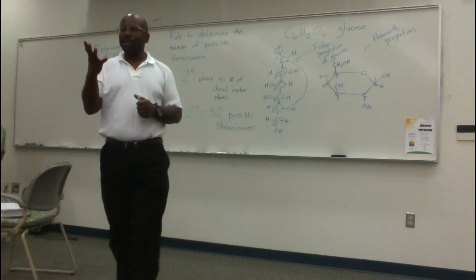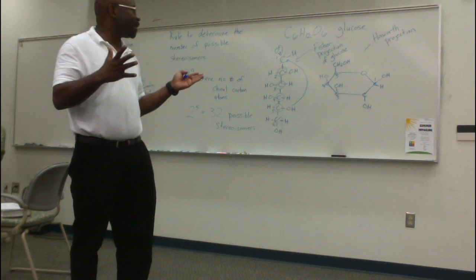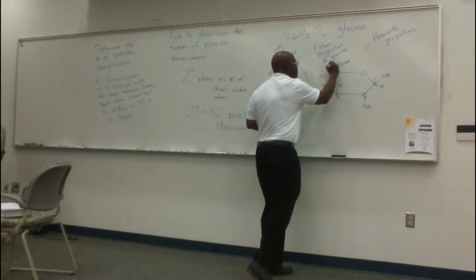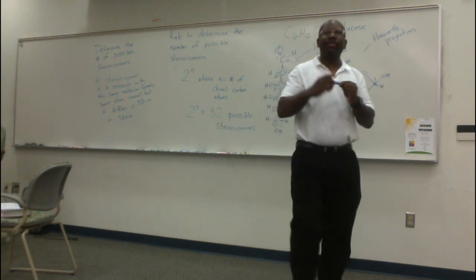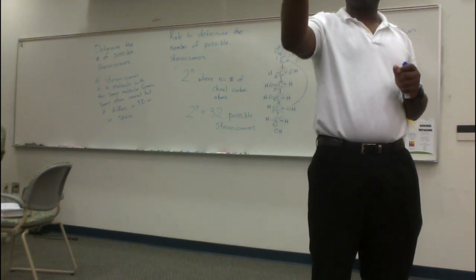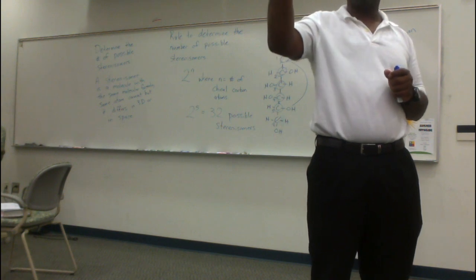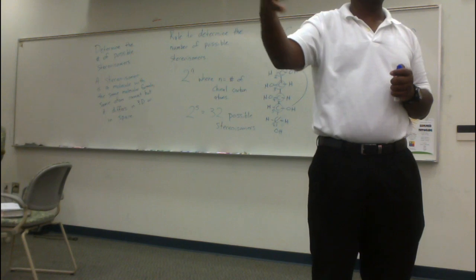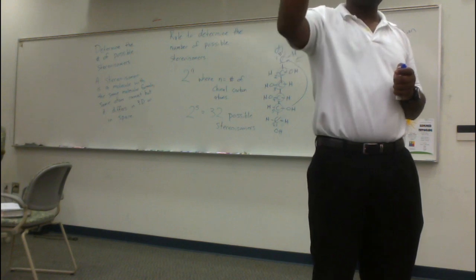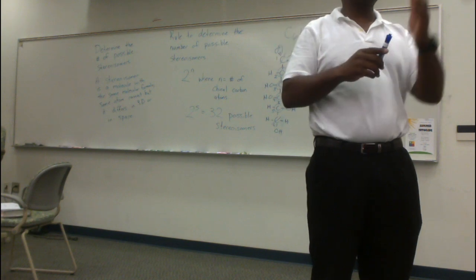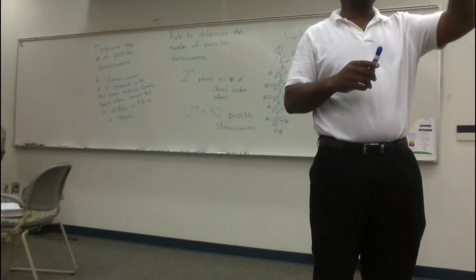Now, if you want to figure out why carbon number 6 is up as compared to down, take your right hand, close it in a counterclockwise direction. Where's your thumb? Up or down? Up. Now take your left hand and close it in a counterclockwise direction.